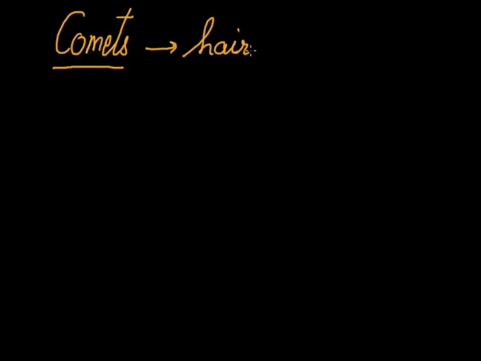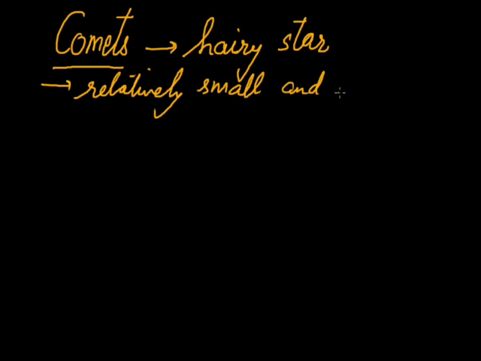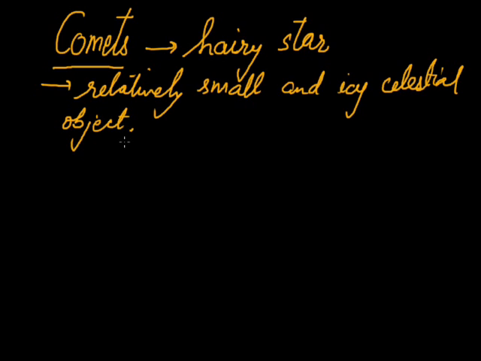Now we will discuss comets. Comets are also known as Kuchal Tara in Hindi. Comets are relatively small and icy celestial objects. They revolve around the sun, but they have very highly elliptical orbits.